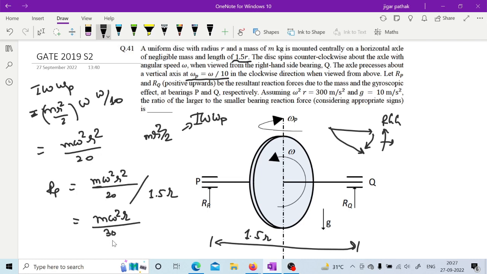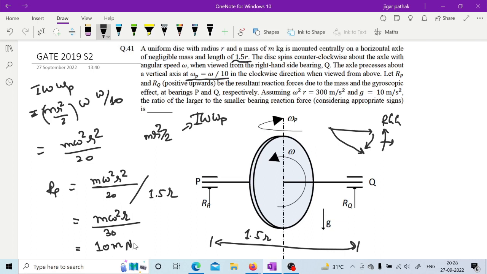So if you put the given values, right, then see here omega square r is given and g is given, right? So omega square r is given as 300. It means it is 10 m, right? So 10 m Newton will be the force at P, right?